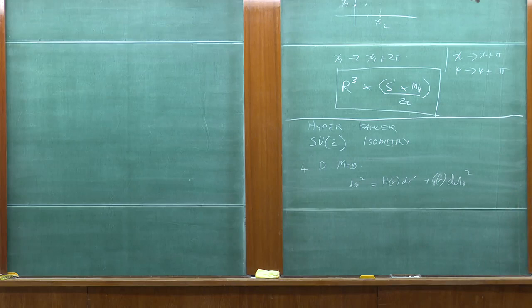So had we had SO4, which is SU2 times SU2 preserved, this would have been the form of the metric. But we don't have that much. We only have an SU2 preserved. So is there some way of deforming this structure? Is there some way of deforming the structure, okay, to preserve an SU2, one of the two SU2s out of SU2 times SU2, rather than both of them?